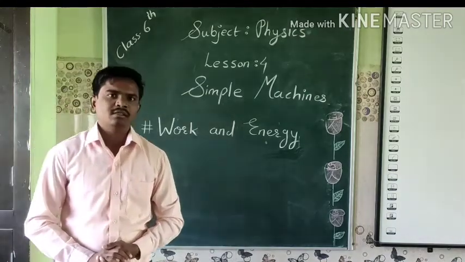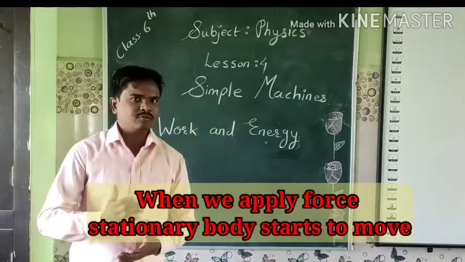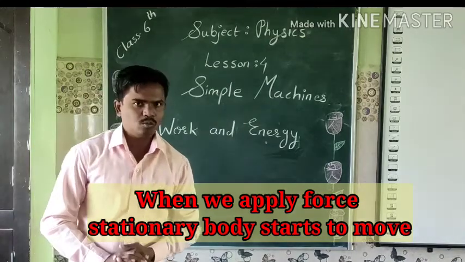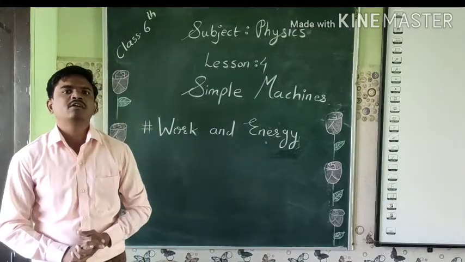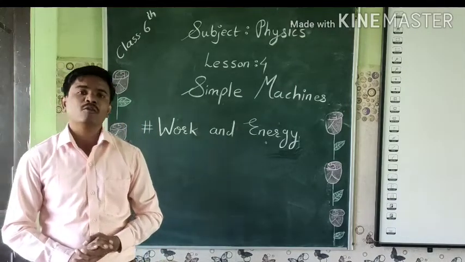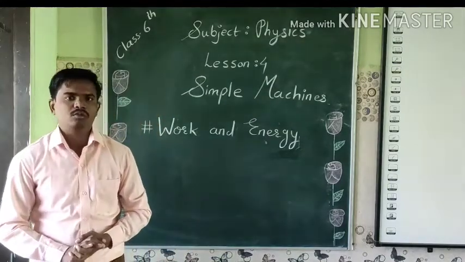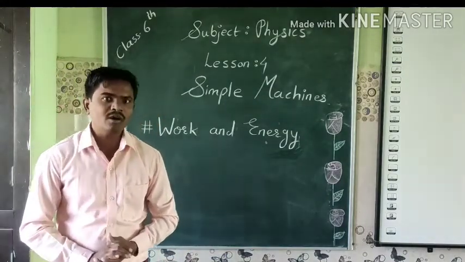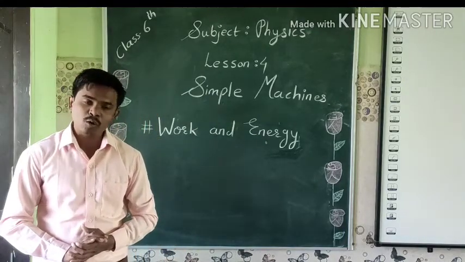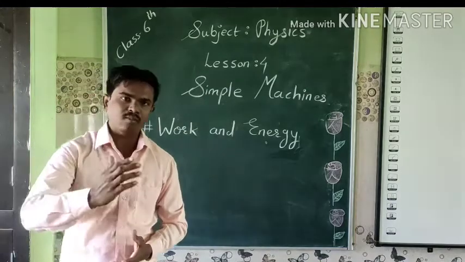Students, we have learned in lesson number 3 that when we apply a force, a stationary body starts to move. So in physics, work is said to be done when we apply a force on a body and the body starts to move. And no work is said to be done if no motion is produced even if we apply a force on the body.